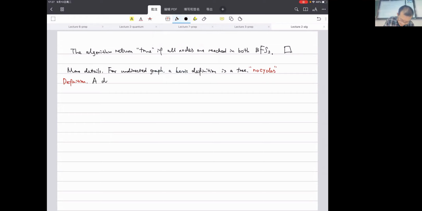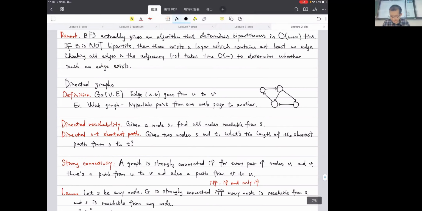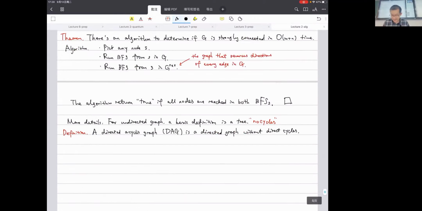A directed acyclic graph, typically abbreviated as DAG by the first letters, is a directed graph without directed cycles. By directed cycles, for instance, oh, this graph does not have any cycles. Oh, it has, sorry. This is a directed cycle. You just consider going along the directed edges, and if it makes a cycle, it's called a directed cycle.